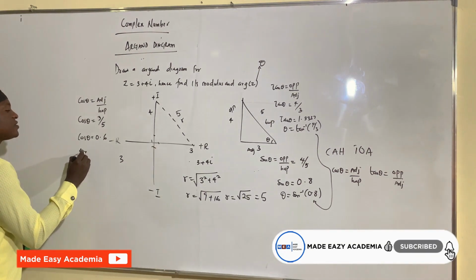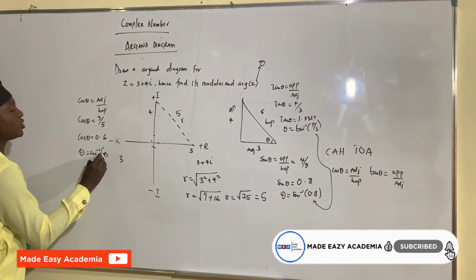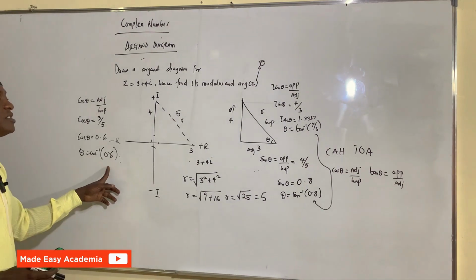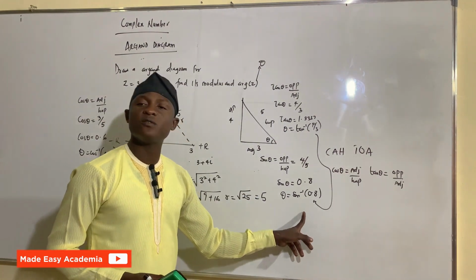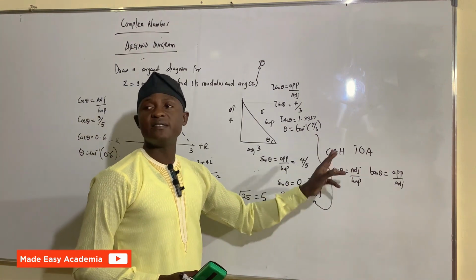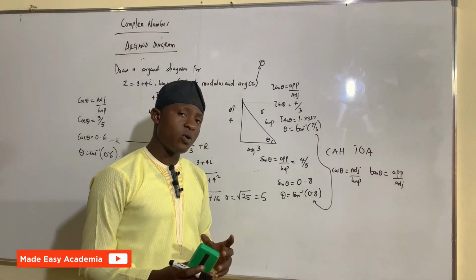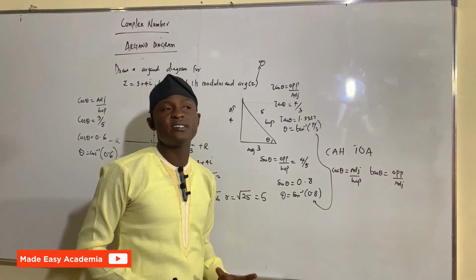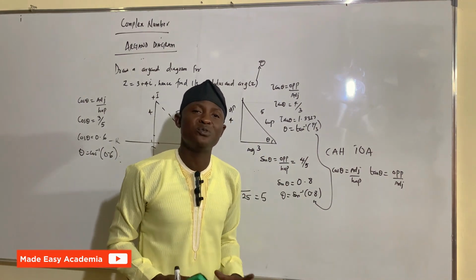Then you find the inverse of this. So please confirm these three results. Are they going to be the same? If you check cos inverse of 0.6, sine inverse of 0.8, or tan inverse of 4 over 3, you see that we have the same answer. That is, the theta will be the same. That is a simple exercise for you to do, please.